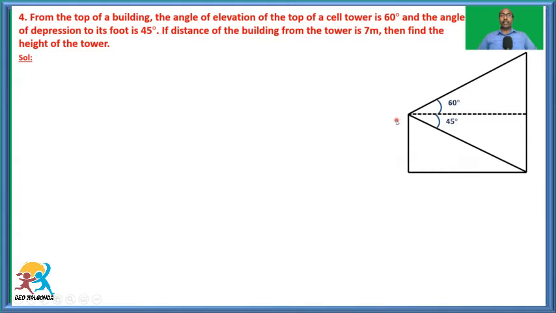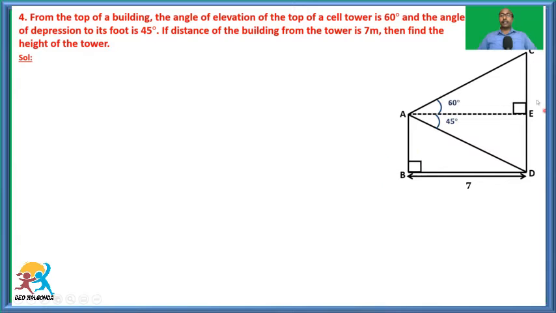Here let's take it as A, B, C, D, E. Given BD is equal to 7 meters. BD means distance of the building from the tower.